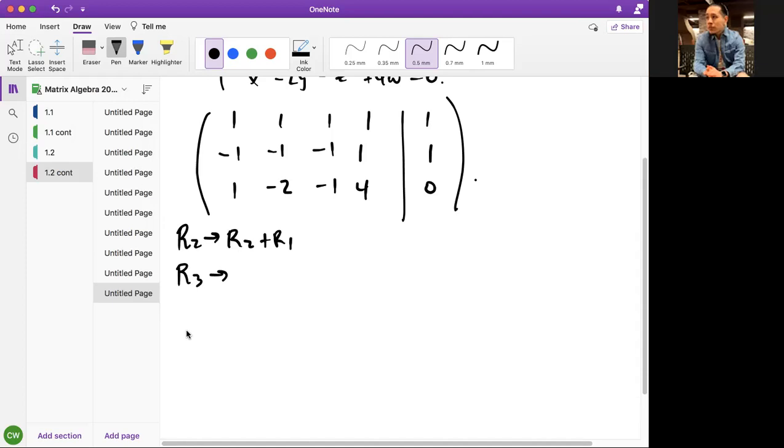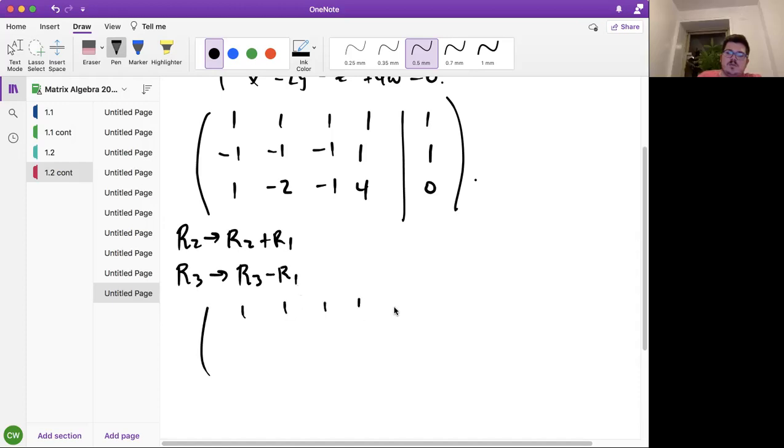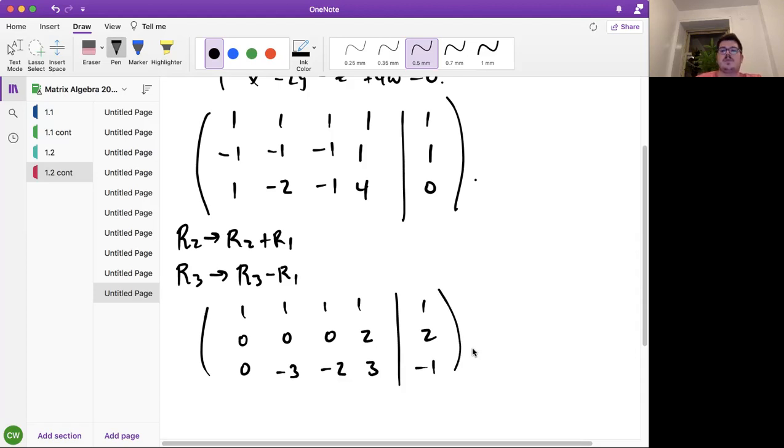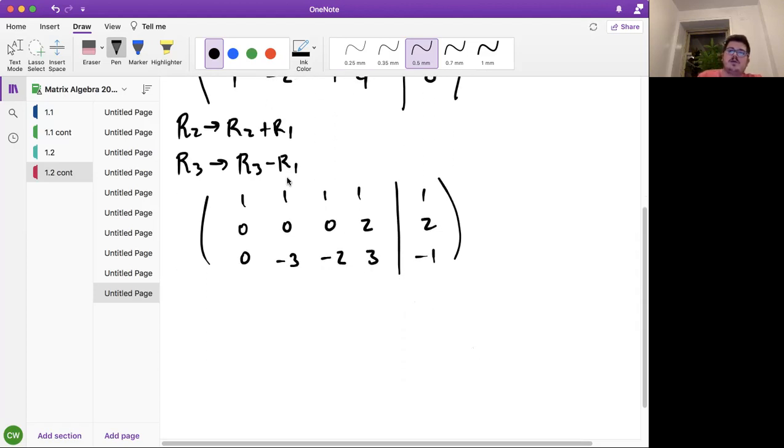Row 3 minus R1. Yeah. So we get 1, 1, 1, 1, 1, then 0, 0, 0, 2, 2, and then we get 0, -3, -2, 3, -1. Okay, cool. So now what?